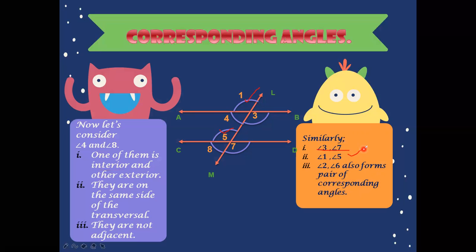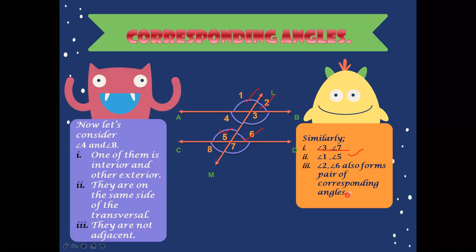The last corresponding angles are 2 and 6. Why 2 and 6? Because 2 is exterior and 6 is interior, and both of them lie on the same side of the transversal. So 2 and 6 also form a pair of corresponding angles.